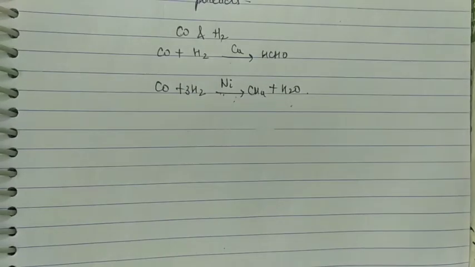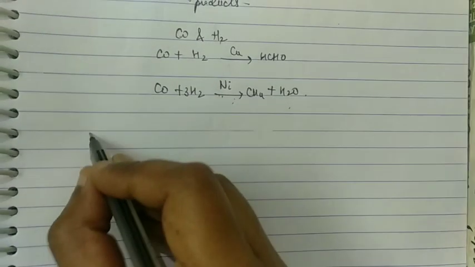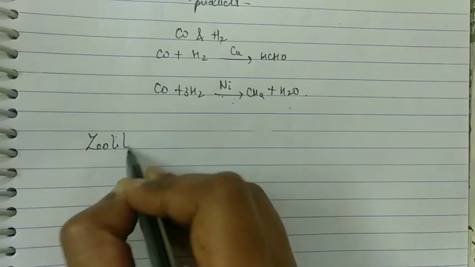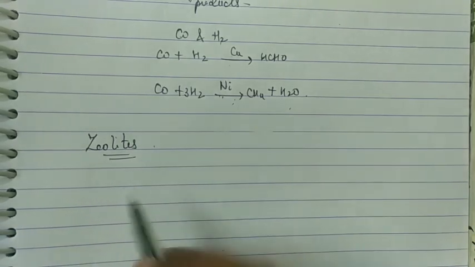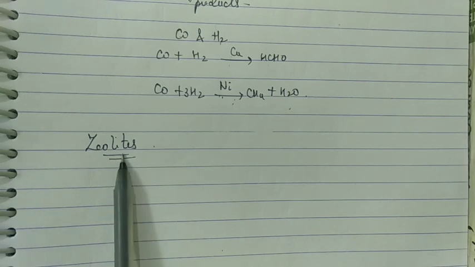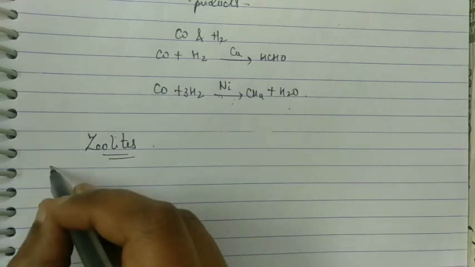The next topic is about zeolites. Now, what are these zeolites? These zeolites are aluminosilicates.